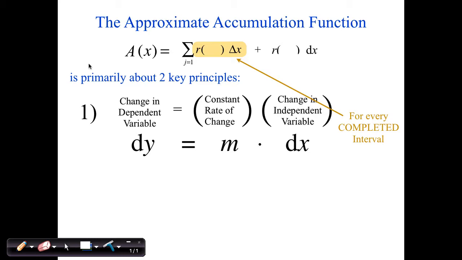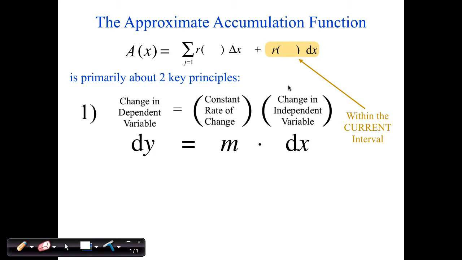And then there's this straggler term here, the rate function times dx, where dx is x minus the left endpoint, or you could write it as x minus a, minus the floor of (x minus a) over delta x times delta x. That's the current interval amount of change, so something for dx that's less than delta x.